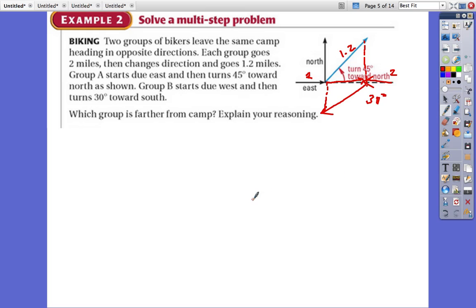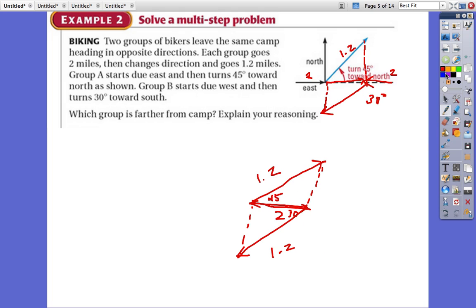Let me redraw that so it's clear to you. 1.2 miles west and they went 2 miles east. The other group went 2 miles in the opposite direction and then went south 1.2 miles. And this is 30 degrees and this is 45 degrees. So we want to know which group is farther from the camp.